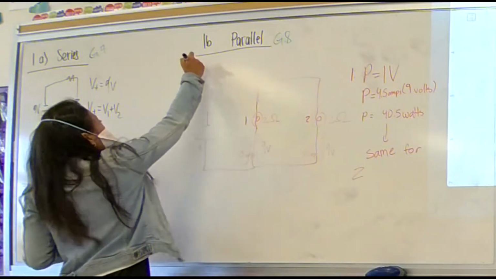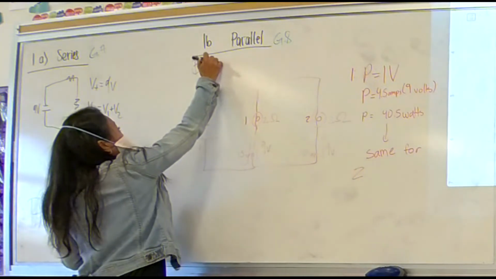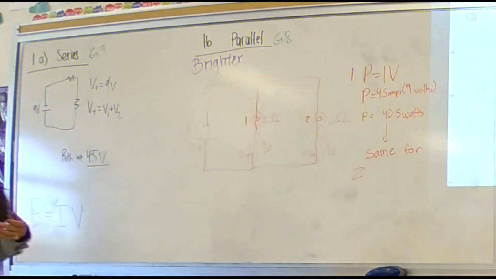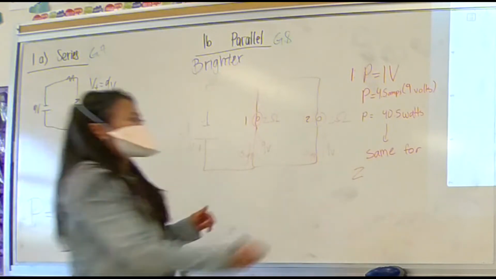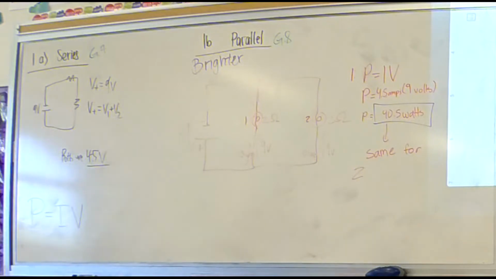So we know this, just through our experimentation, is brighter. And before we actually check the calculation, we're going to see that the answer should be a larger power value for parallel than for series.